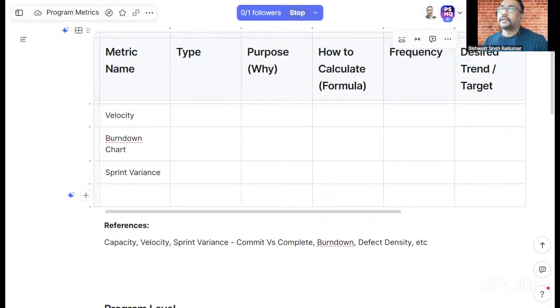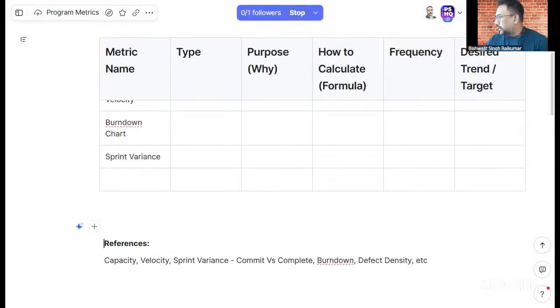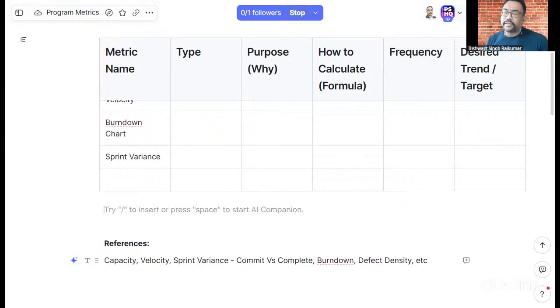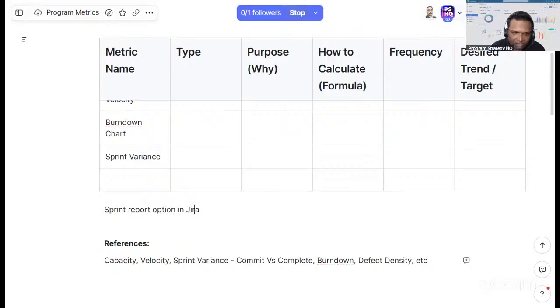I think that is part of Jira. There you can find the option where it shows how many tickets are being added, how many tickets are completed, what is still incomplete, removed from the sprint, or newly added to the sprint. All those things are mentioned there. Sprint reports in Jira, right?